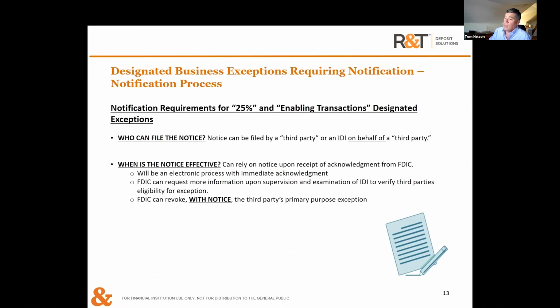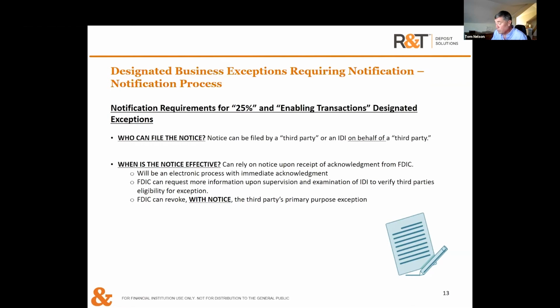Now, whichever direction an institution wants to go to get an exemption from being considered a deposit broker, they have to file a notification. There's a notification process with the FDIC. This is different than what we had originally anticipated would be in the rule, in that we expected the rule to be more of an application process as opposed to a notification process.